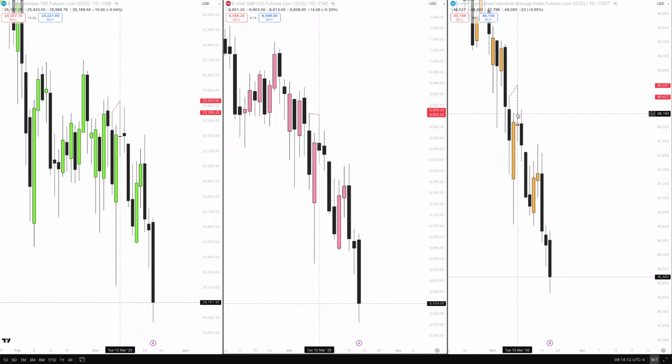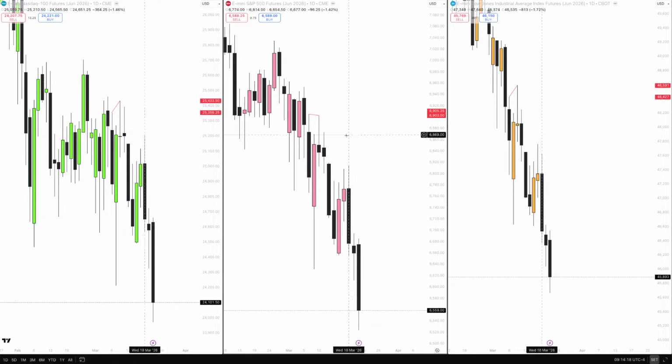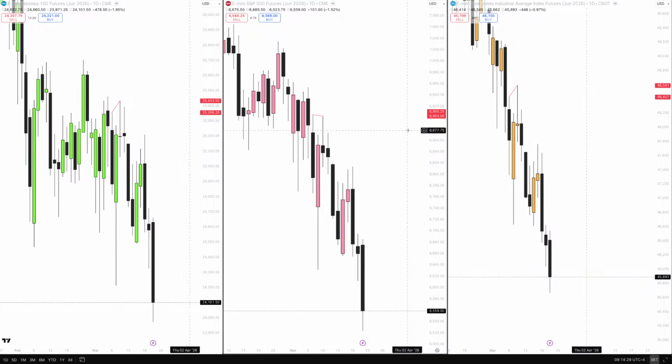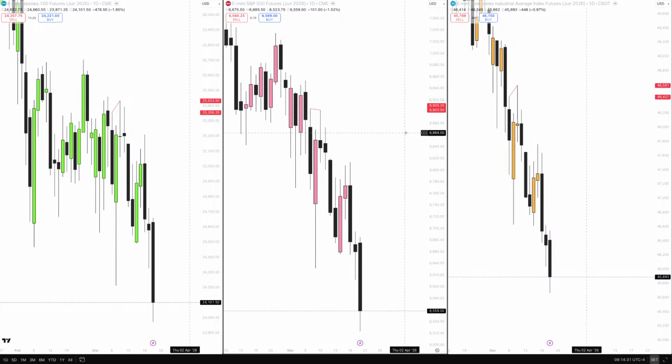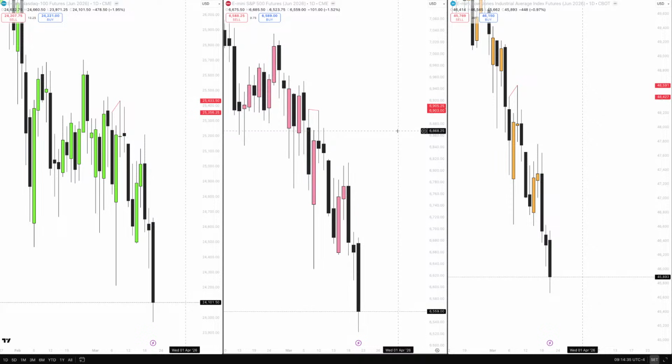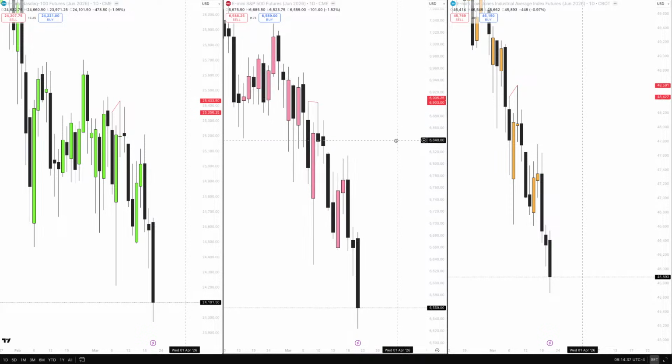On Tuesday, it took out Monday's high and Friday's high. But we see that ES couldn't do that. So ES couldn't take out Friday's high on Tuesday. So that would be a signature for me to have a continuation to the downside, because that is an SMT on the higher time frames.